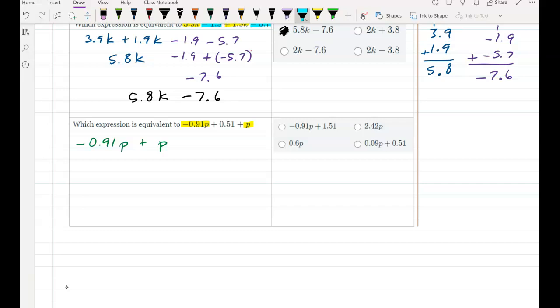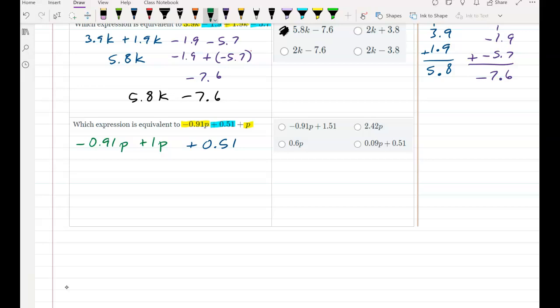And then we just have this single term here, plus 0.51. Now, remember, when we are combining like terms, if it's a single variable by itself, that's a 1. So we can add negative 0.91p plus 1p.